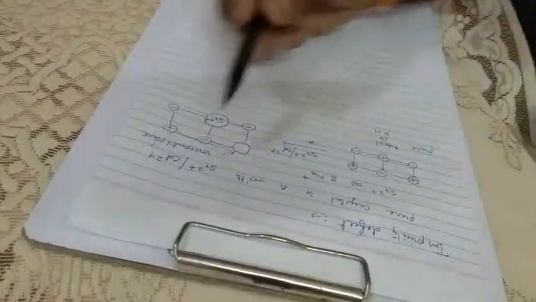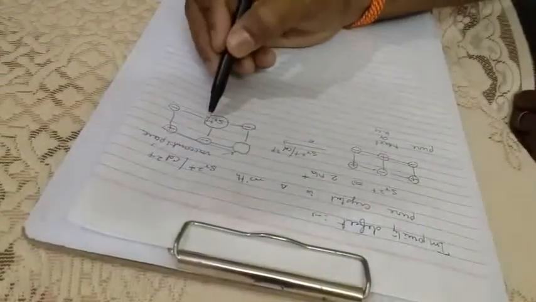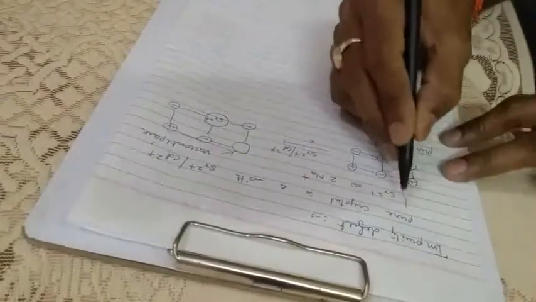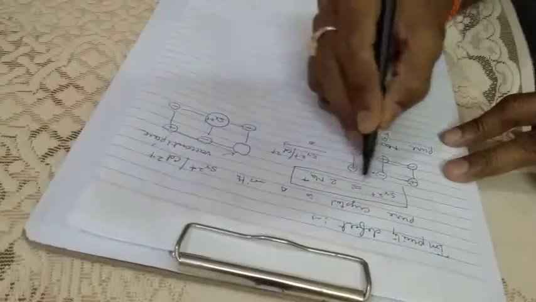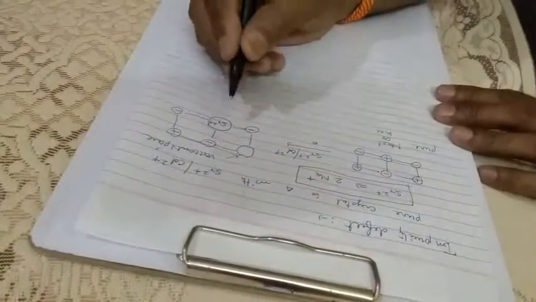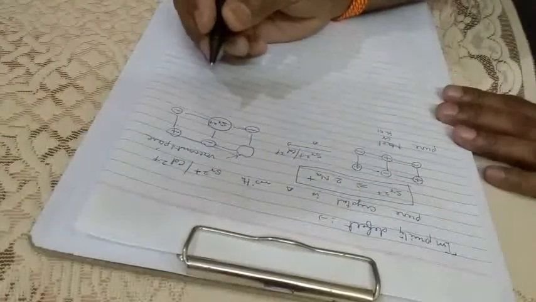This vacant space arises due to the addition of this bivalent ion, because one bivalent ion is equal to two sodium ions. That is said to be impurity defect, or it is also known as vacancy defect.